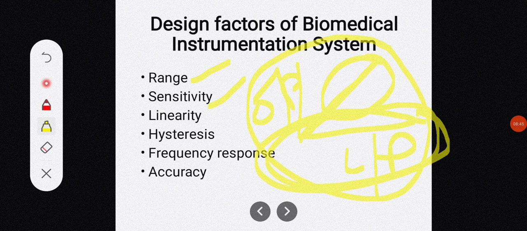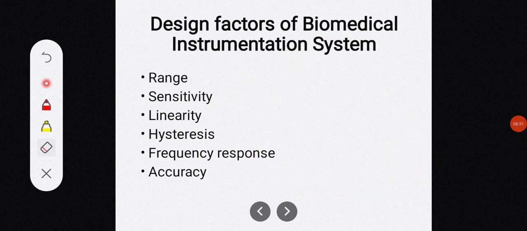Now the next design factor that I am going to discuss is linearity. How will you decide whether an instrumentation system is linear or not? Whenever a biomedical instrumentation system follows the homogeneity as well as the superposition principle, then we can say that the system is highly linear, that it has linearity.